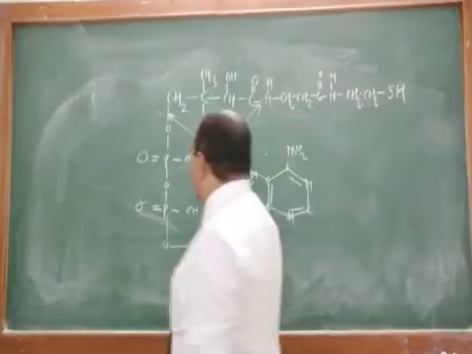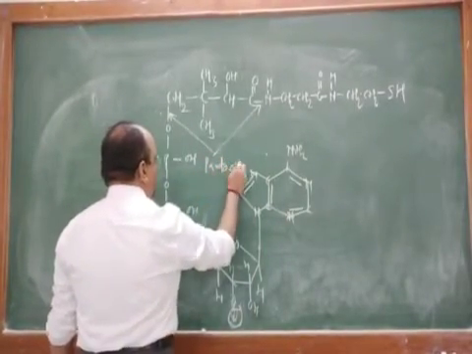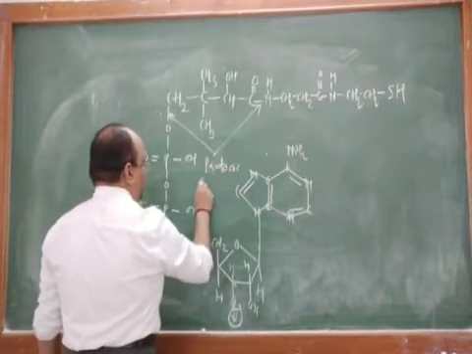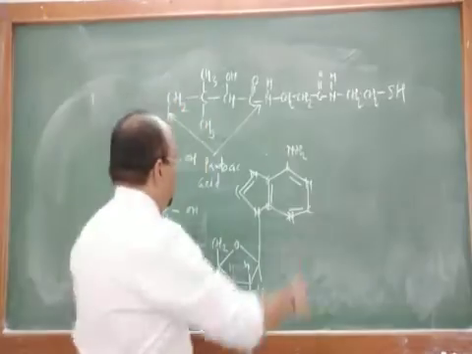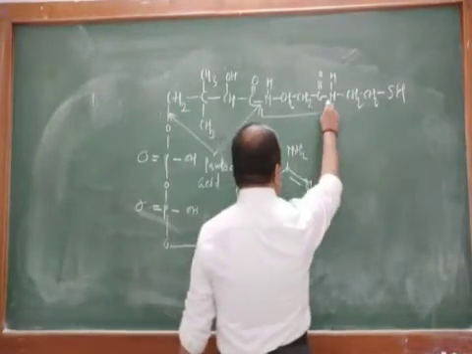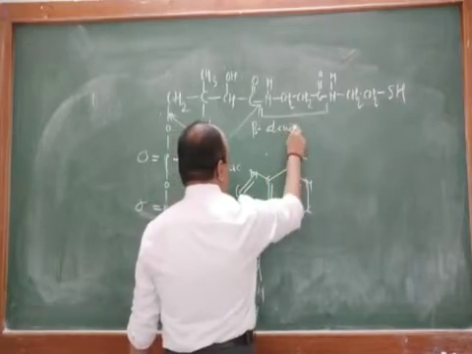This is called pantothenic acid. This one is known as beta-alanine.